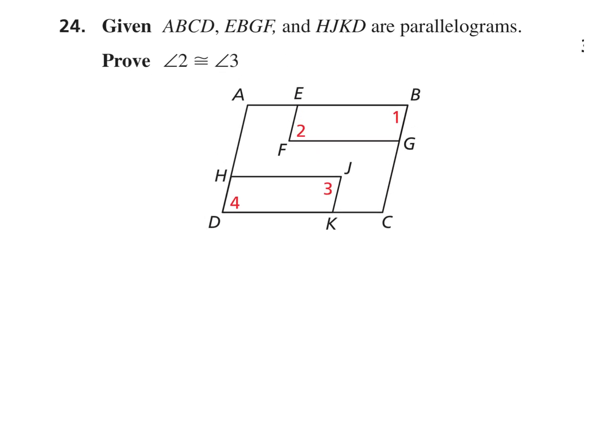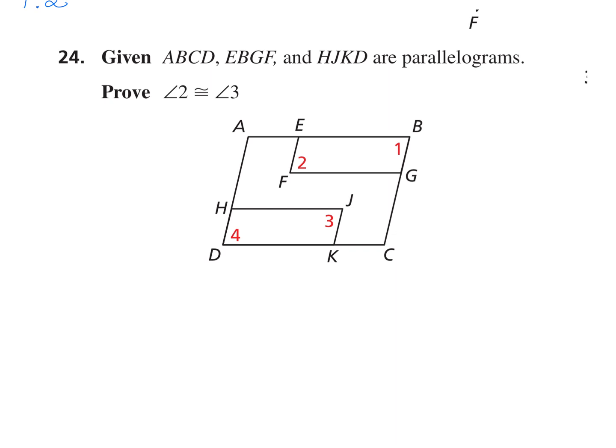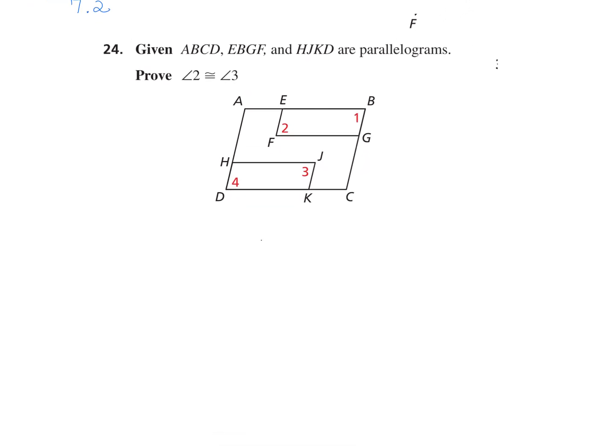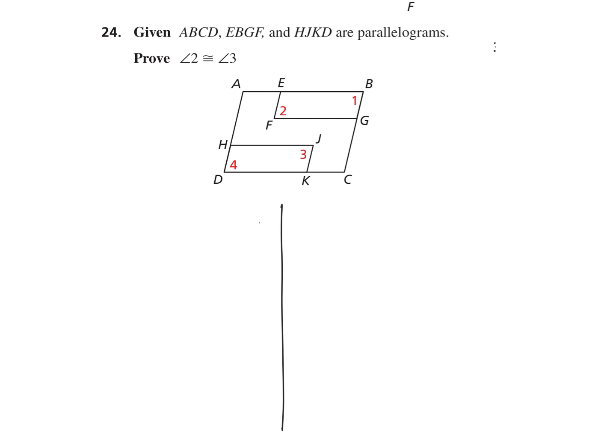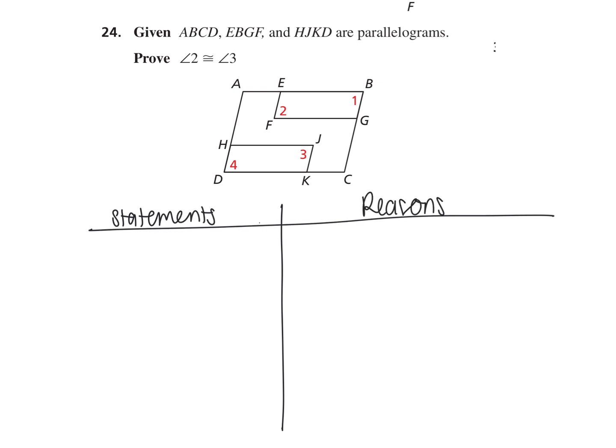All right, looking at our first proof, we should know the setup for proofs. Go ahead and draw your T-charts, your statements and reasons. So let me zoom out a little. I have my statements, and I have my reasons. And looking at it, the first thing they gave me was that ABCD, EBGF, and HJKD are parallelograms.